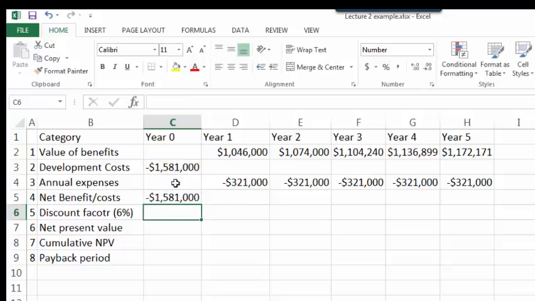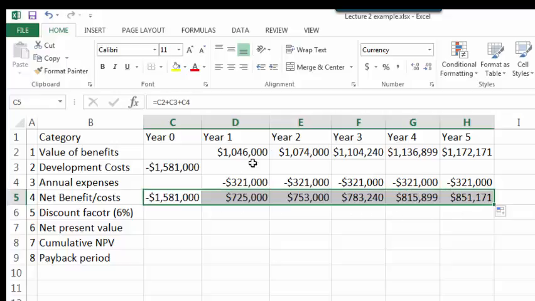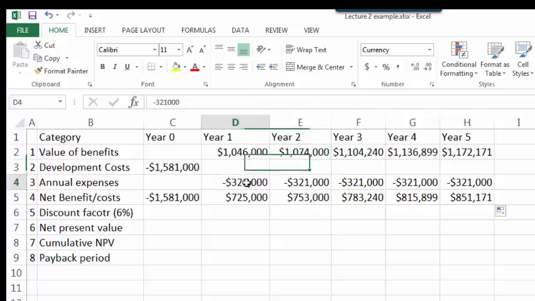You can just click on here and drag to copy the same formula to all of them. You can see that because the benefit increases every year but the running cost is the same, the net benefit cost also increases every year after the first initial development year.